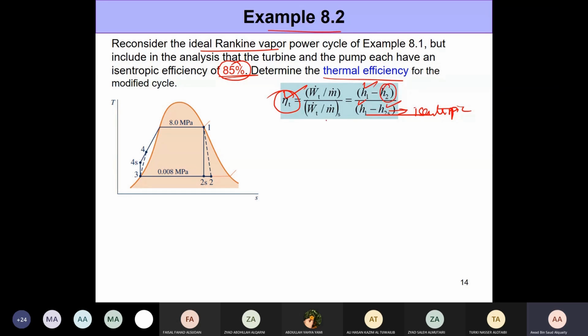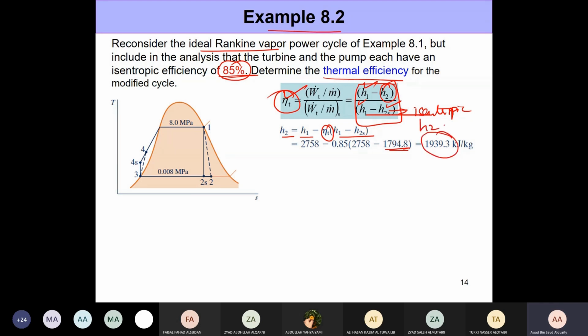Since everything else is known, we can just calculate H2 as H1 minus the isentropic efficiency times H1 minus H2S. It is making use of this equation right here. H2S was 1794.8, and when we plug in the numbers, H2 comes out to be 1939.